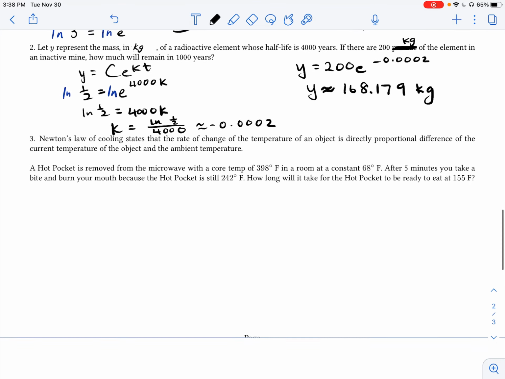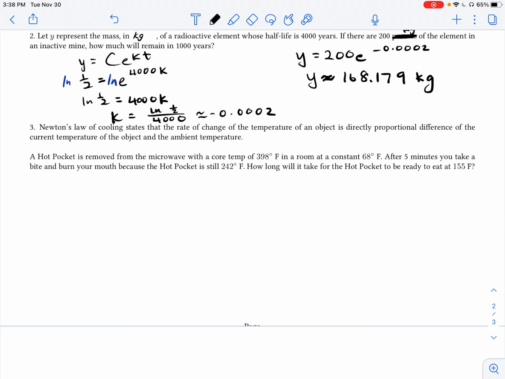Now, this last problem here involves Newton's law of cooling, which effectively states that the rate at which the temperature of an object is cooling is directly proportional to the difference of the current temperature of the object and the ambient temperature. That is to say, if you place a really hot pie in the refrigerator, it's going to cool much more quickly than it would if you were to place it in a sauna.